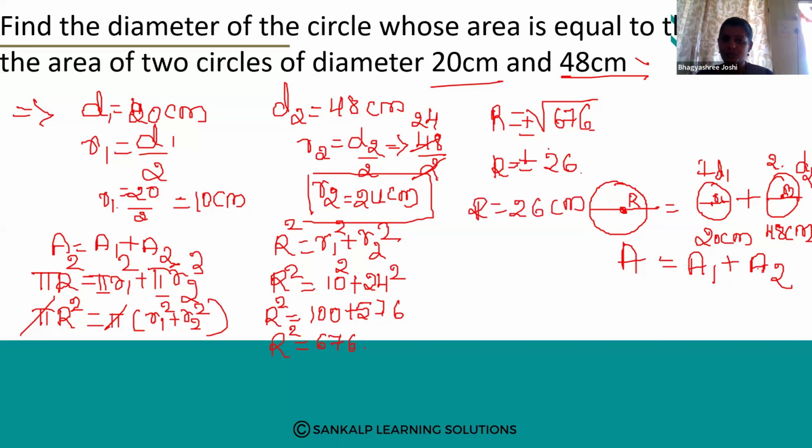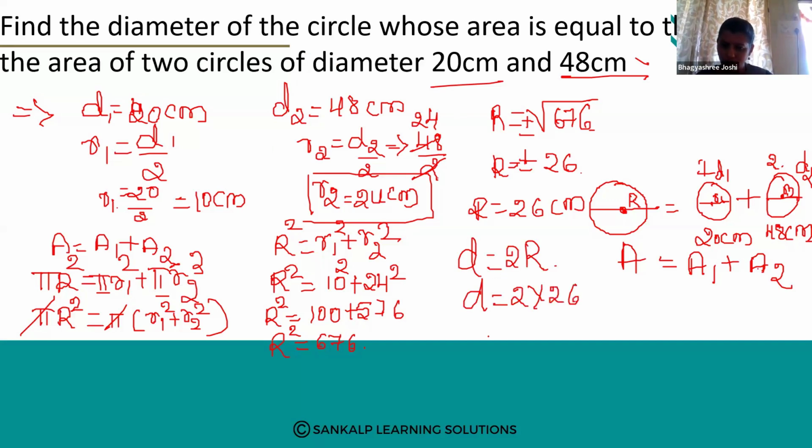But what we want? We want the diameter of the circle. Which circle? Diameter of the big circle. So the big circle we consider as A, right? So diameter can be calculated. Diameter is 2 times the radius, right? So D is equal to 2 into 26.